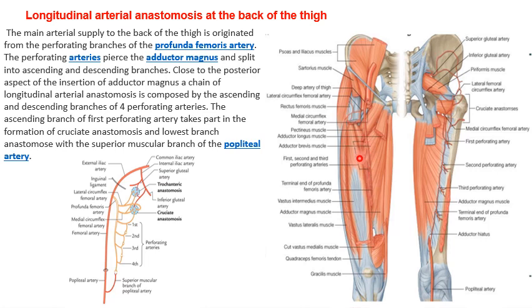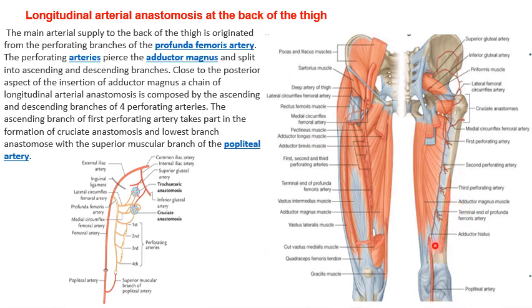These are the 1st, 2nd, 3rd and 4th perforating arteries. They pierce the adductor magnus and then go over the back, dividing into ascending and descending arteries, which are anastomosing here. So this is all the longitudinal arterial anastomosis.